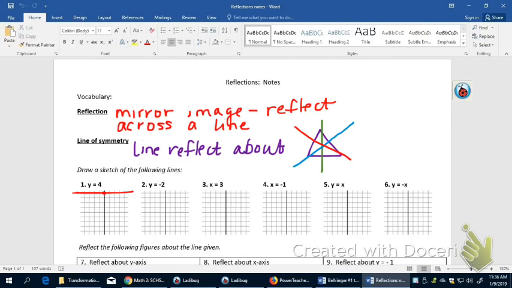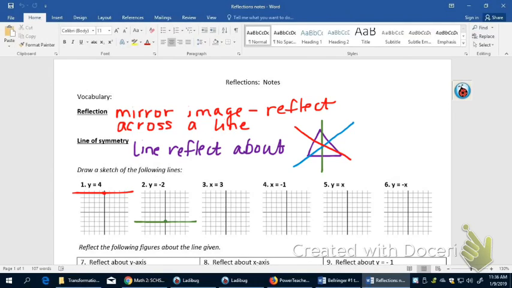So y equals -2 means go to the y-axis, go to the -2, put a point, and then draw the line through it. Okay? So the y-axis and x-axis are kind of opposite from the way that they describe these lines. Alright, x equals 3.